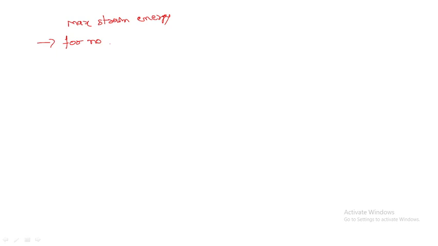This is the definition, but it is not required for you. Here they are asking about the yield locus as per maximum strain energy theory, where it is: an ellipse.